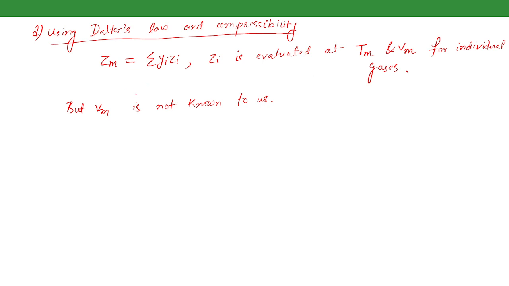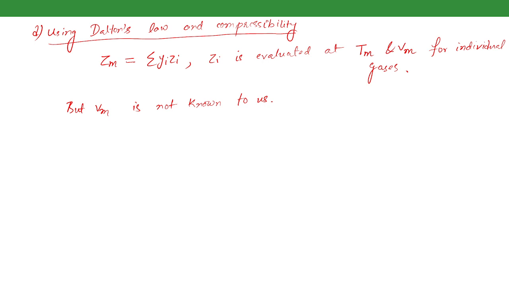So we will use the pseudo reduced volume. Since Vm is not known to us, we will assume the initial volume to be the one that we obtain from the ideal gas equation. Accordingly we will calculate the pseudo reduced volume.